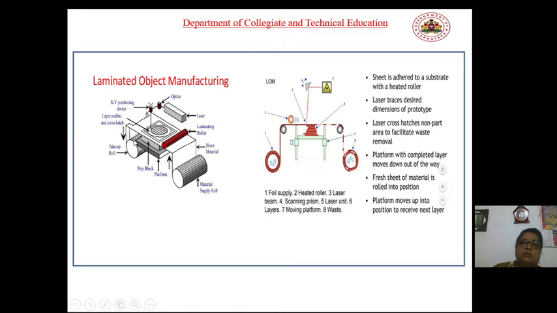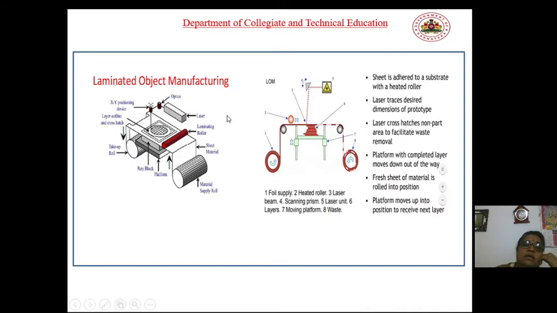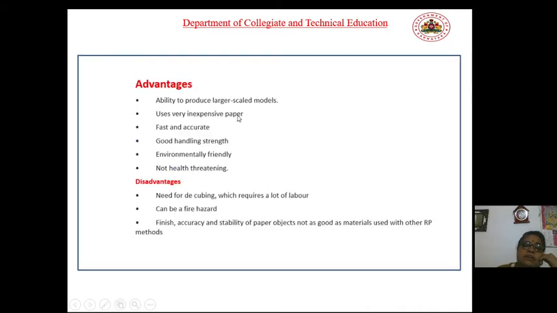So the next one is the merits and demerits, or advantages and disadvantages, of laser laminated object manufacturing. It has the ability to produce large scale models and also utilizes very inexpensive paper.